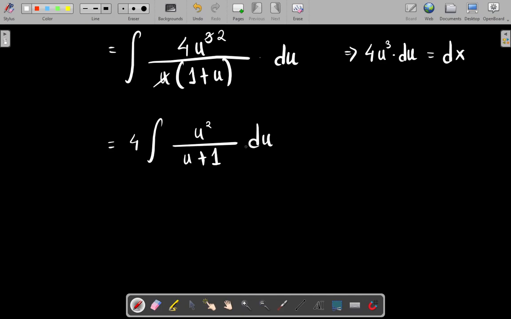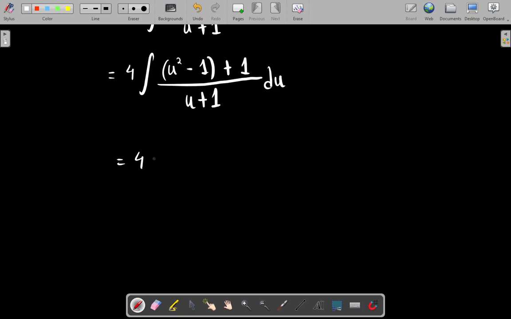Okay, so if we do a plus 1 minus 1 here, we can resolve it into partial fractions. We have (u square minus 1 plus 1) upon (u plus 1).